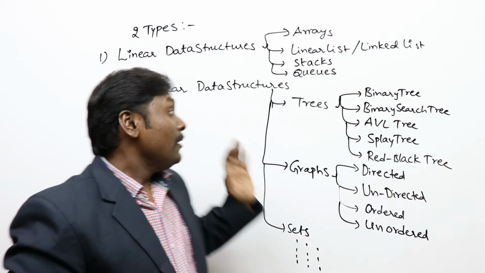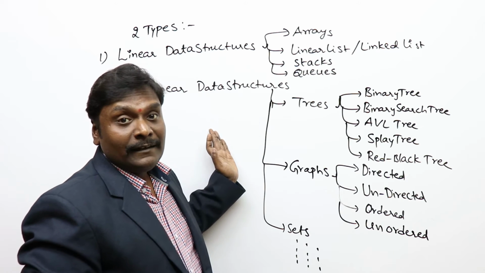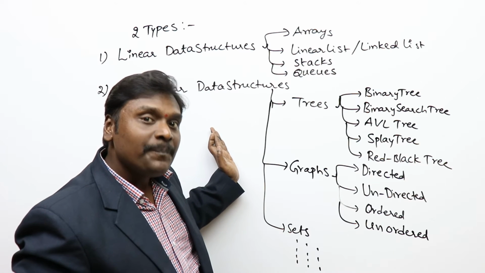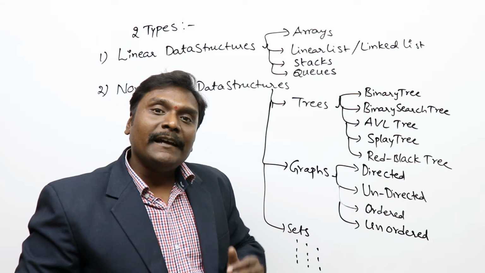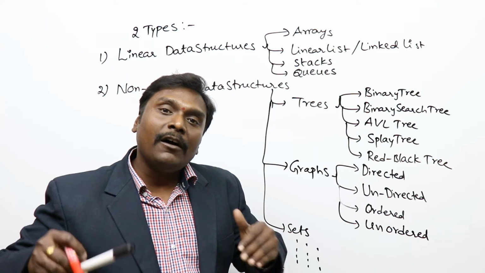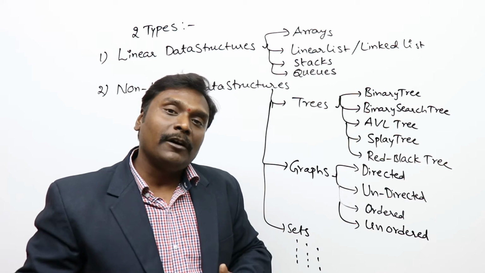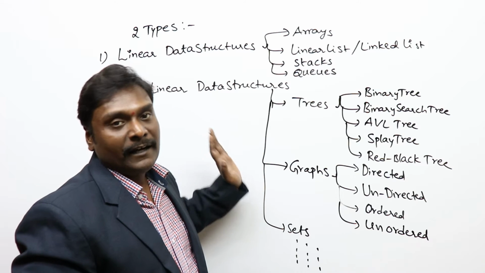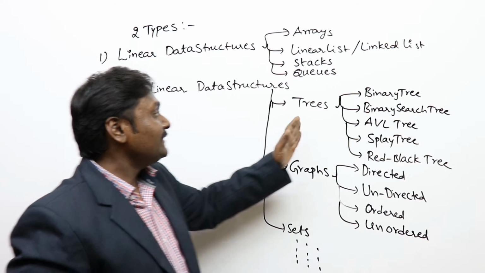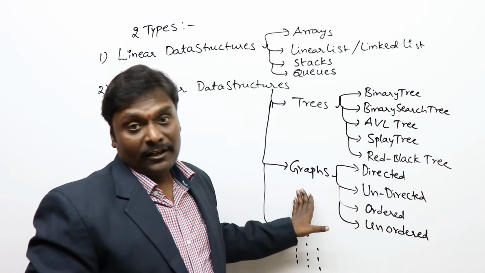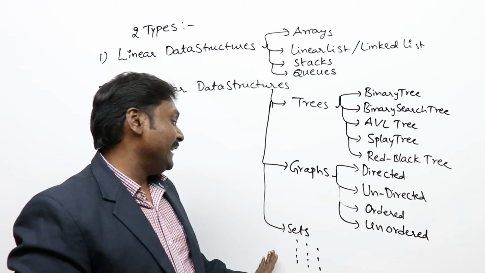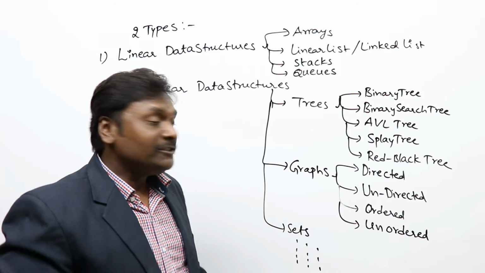Okay. And what do you mean by non-linear? We already discussed that the representation of data items in a hierarchical or ordered manner is called a non-linear data structure. In this case, the various types of data structures are trees, graphs, sets, hash tables, and so on.